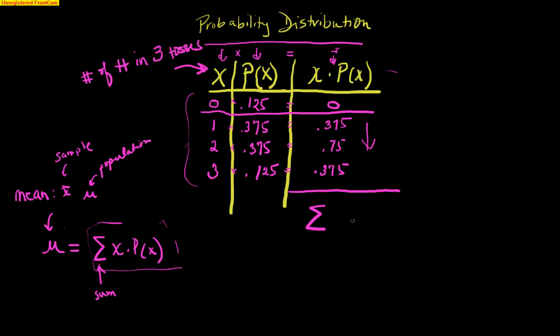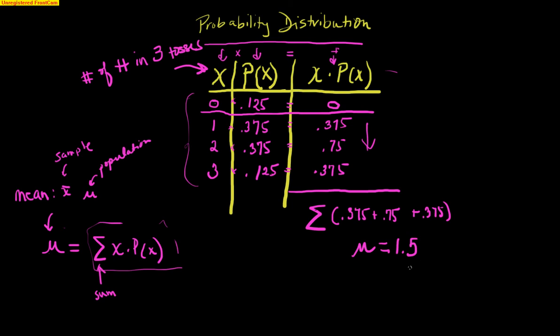So we're going to add up the 0.375 plus the 0.75 plus the 0.375, and we will end up with the mean equal to 1.5. And what does that mean?